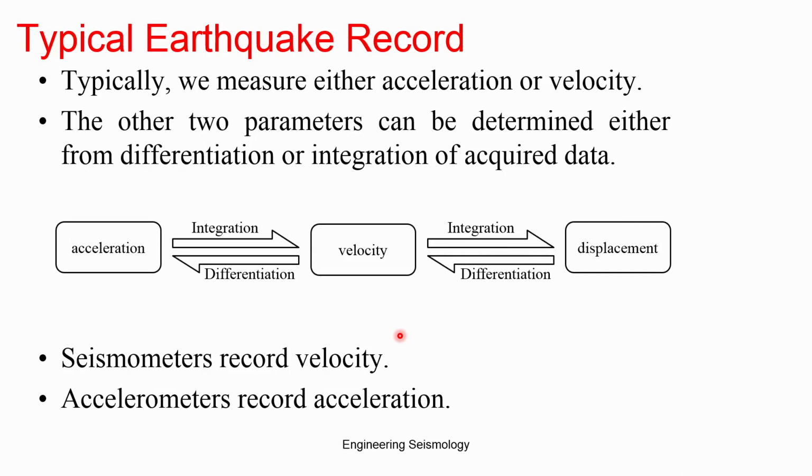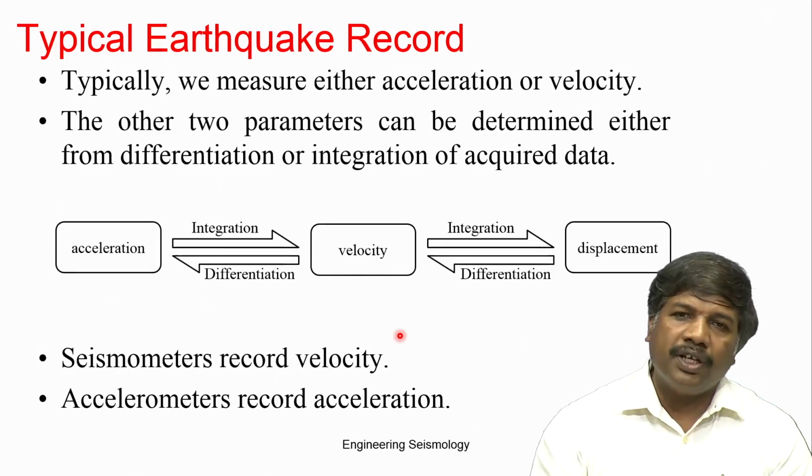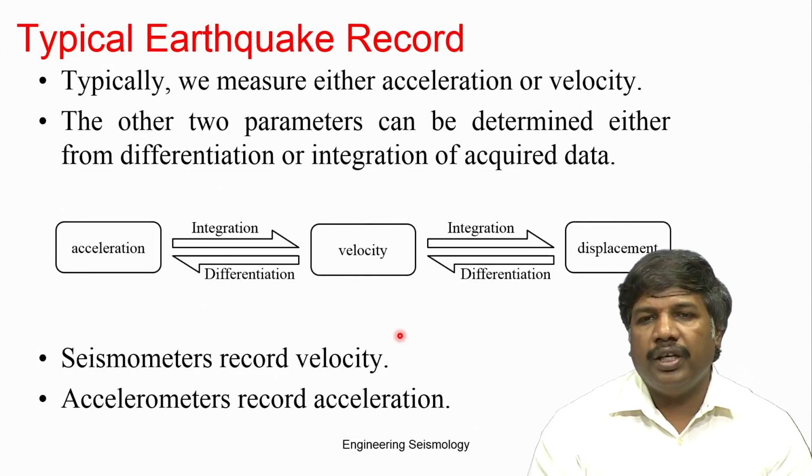Acceleration can be integrated to get velocity, and velocity can be integrated to get displacement. To go from displacement to velocity, you differentiate, and differentiating velocity gives acceleration. This is how any one recorded parameter is converted into the other parameters required for your engineering application.